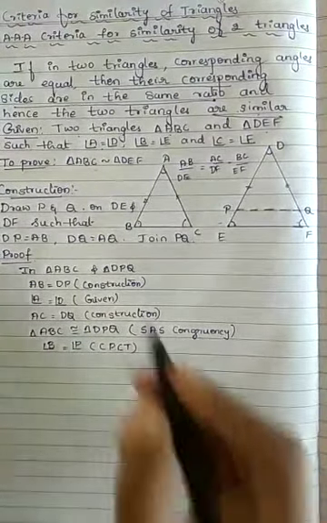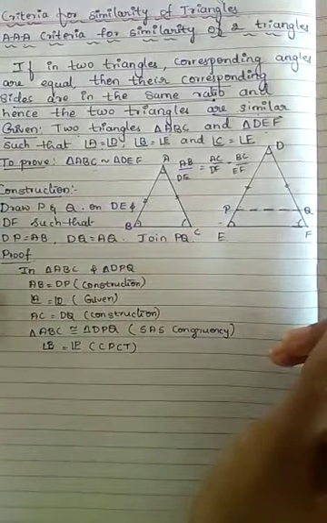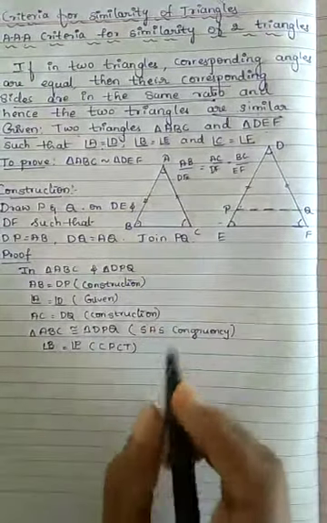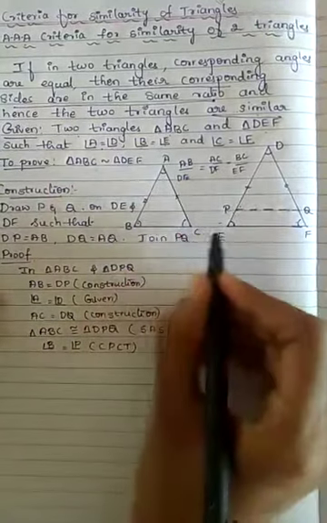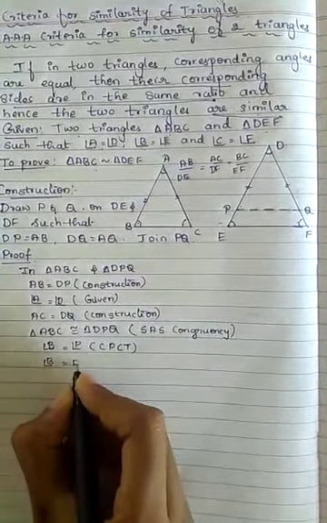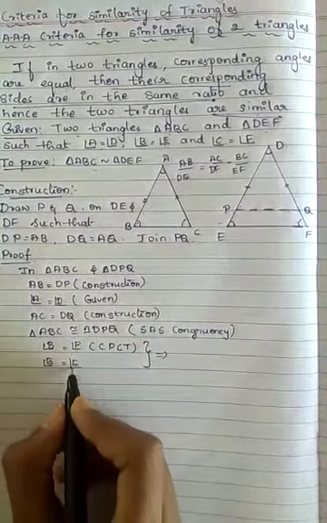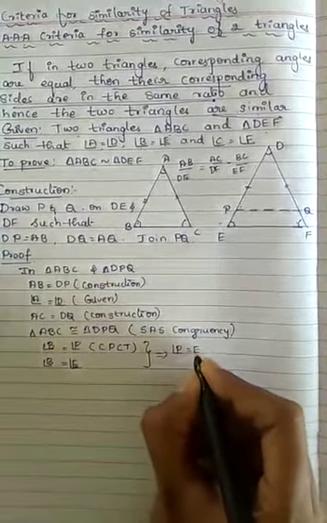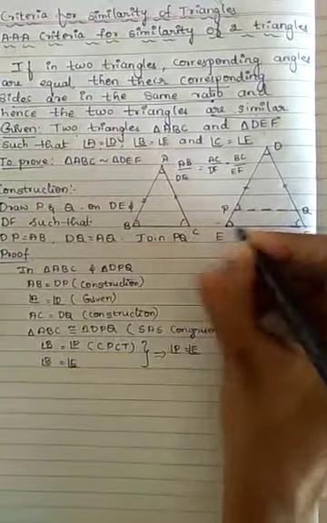Angle B is equal to angle P, and you know that B is also equal to angle E. So by these two, what can we conclude? P is equal to E, so these two angles are equal.